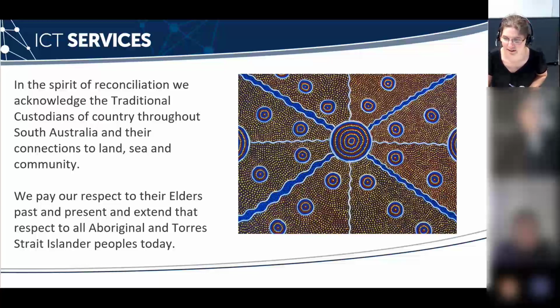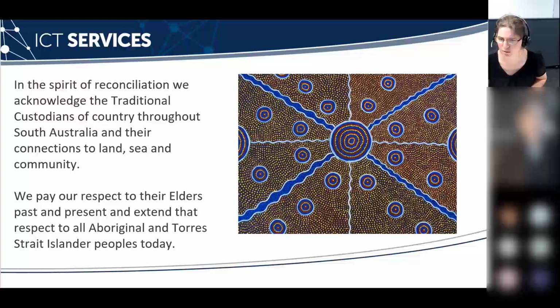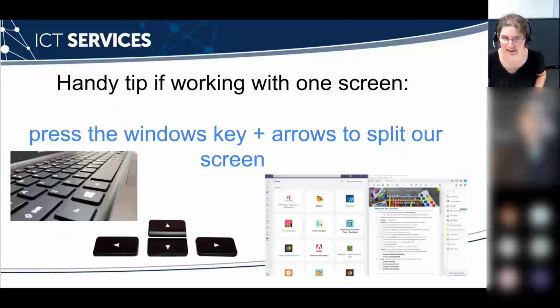In the PowerPoint that I sent people, I had a little bit around navigating with Teams, but I'm not going to go through that at the beginning, but I will show you this tip here.